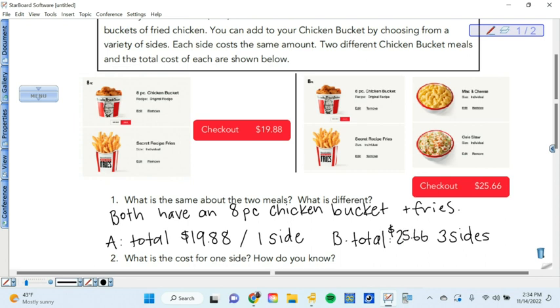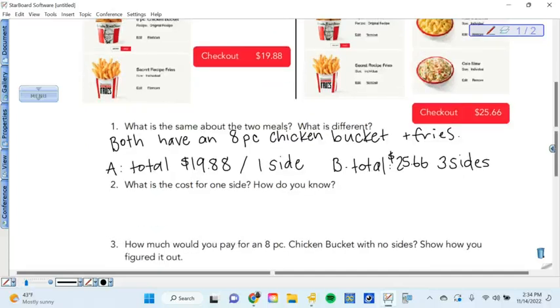Good. What is the cost of one side? How'd you get there? Why'd you divide it by 2?